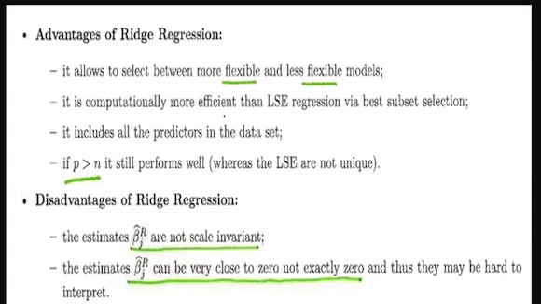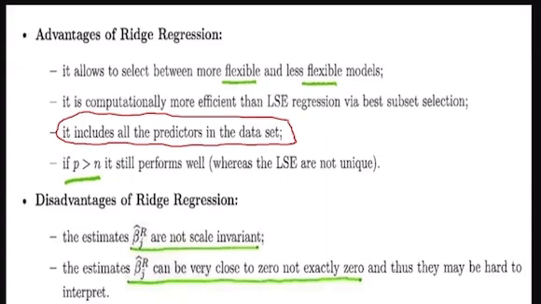And let me tell you this, ridge regression does not perform variable selection, because you're still going to have all predictors in your model, except that irrelevant ones will not be statistically significant. Does that make sense? That was why I said it includes all the predictors in the data set.